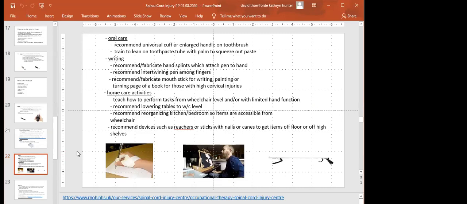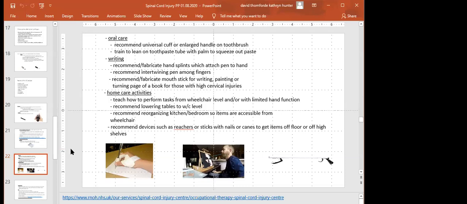Anyway, oral care. If a person wants to brush their teeth, an electric toothbrush, if they have access to it, is the best thing. And that can be attached to the hand with a universal cuff strapped to the hand, or it can be enlarged so the person can use the toothbrush. But if a person has good arm function, they can brush their teeth without an electric toothbrush.